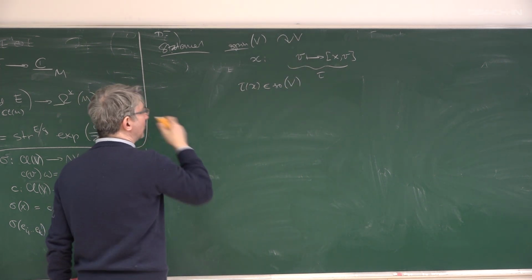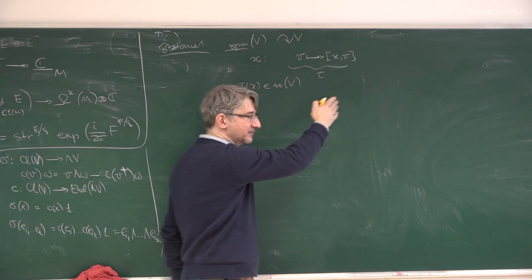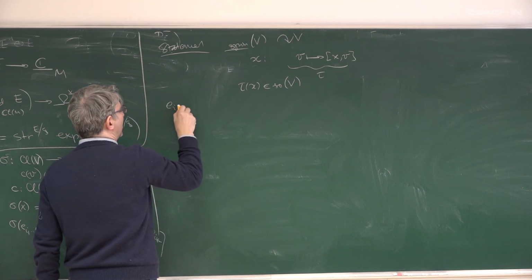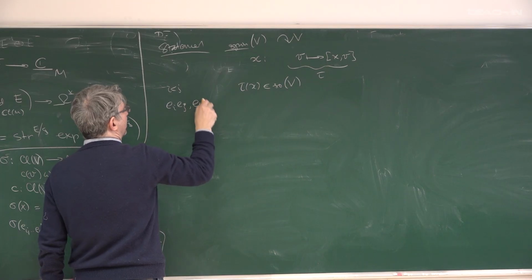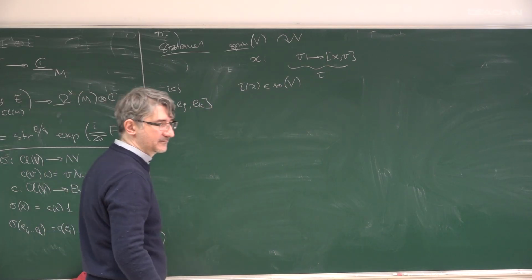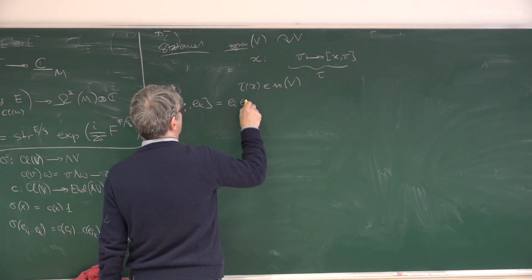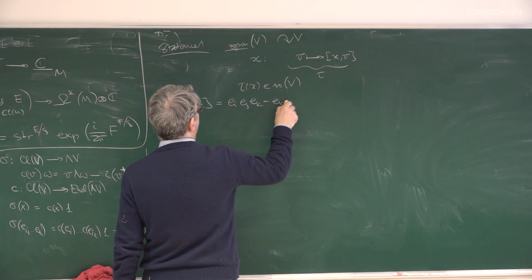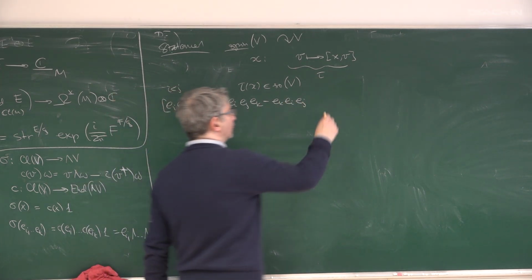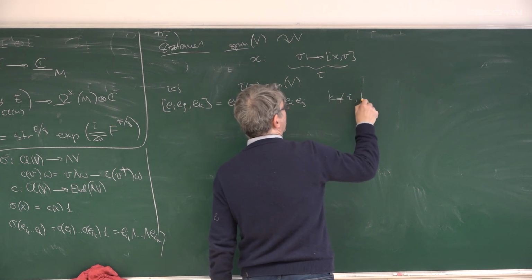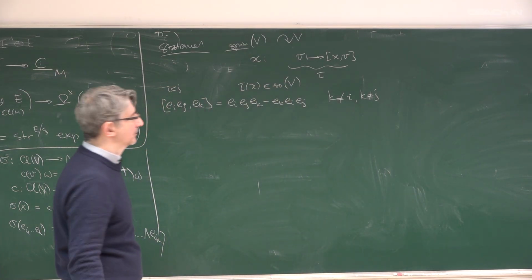Okay, let's calculate. I want to do it on basis vectors because everything is linear. So take a product e_i e_j, with i smaller than j, and take e_k and calculate the commutator. Assume that k is not equal to i and k is not equal to j. What happens to this difference?